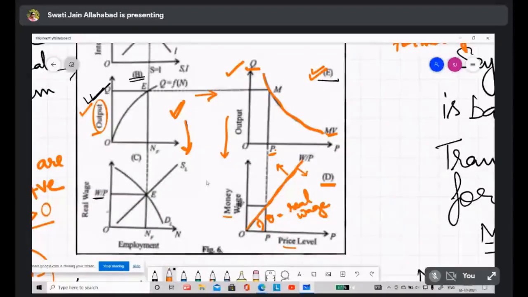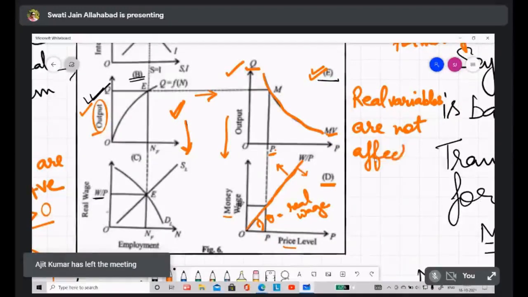So now through this system, through this diagram, there is another important conclusion. What is the important conclusion? Real variables are not affected by monetary variables.